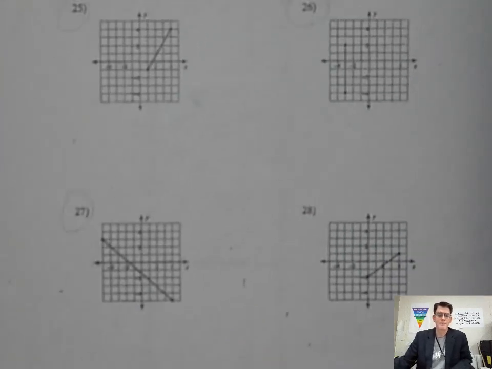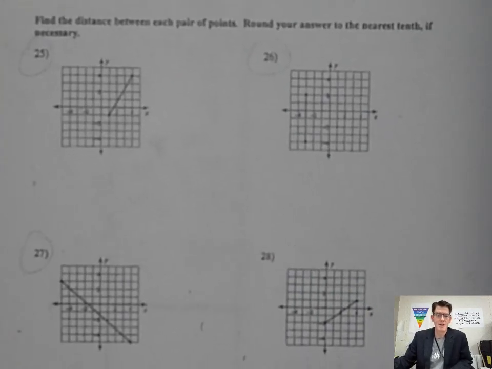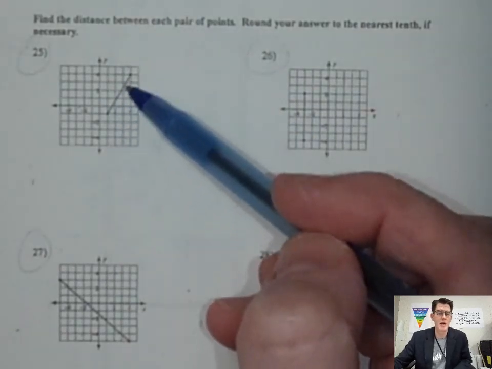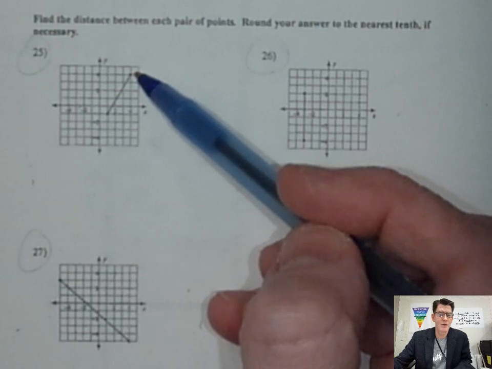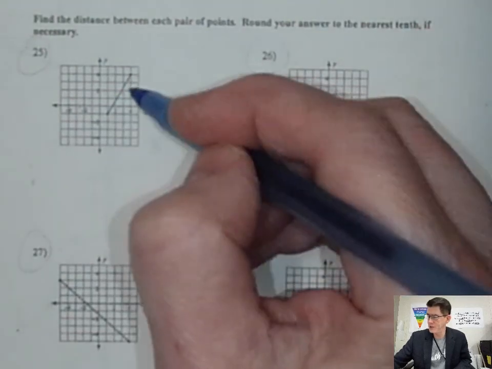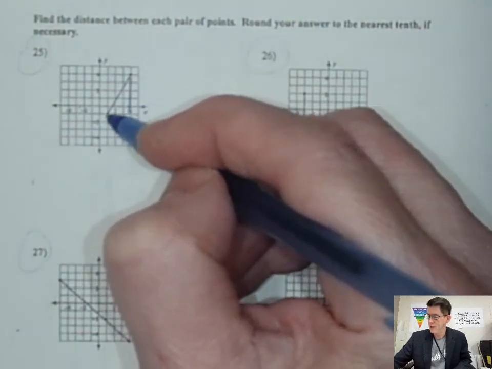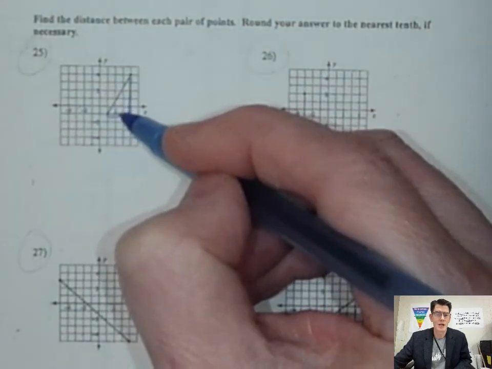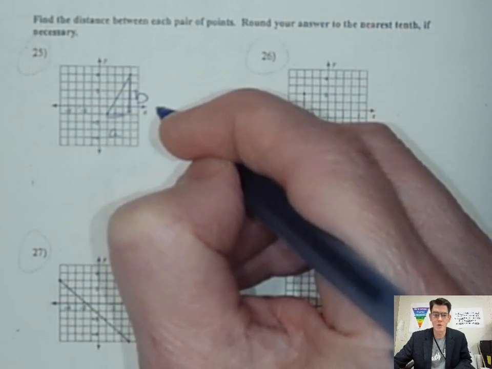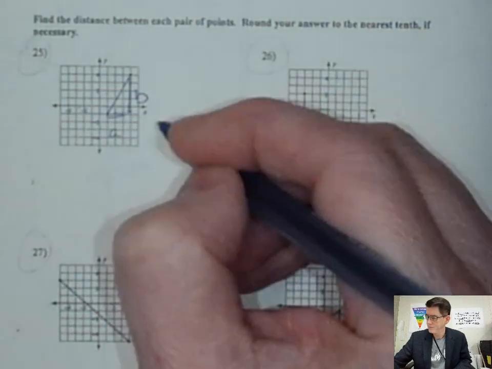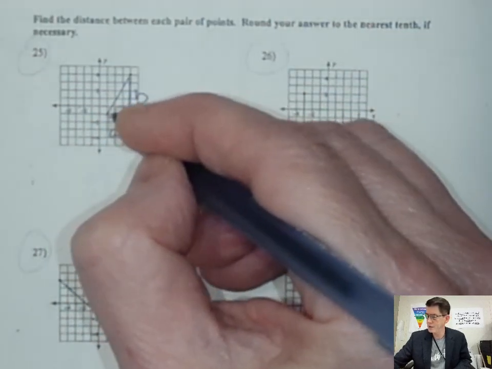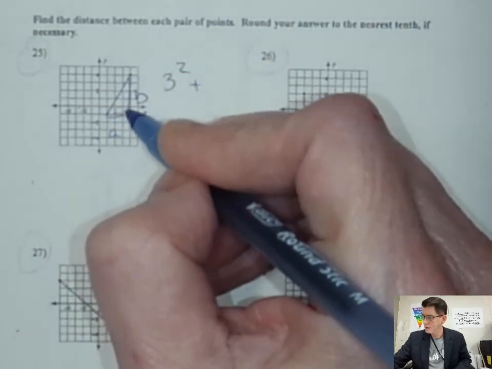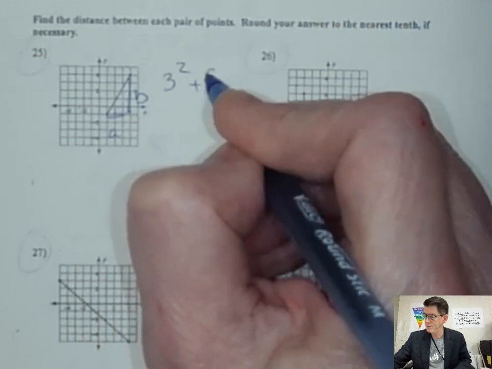All right. Find the distance between these two sets of points. Find the straight line, the shortest distance between 2 points. Find that distance. Round to the nearest tenth. Well, we can envision a right triangle here. I just call that the hypotenuse. You just take a squared plus b squared equaling c squared. So from here to here, this is a distance of 1, 2, 3. You can count it. 3 squared plus 1, 2, 3, 4, 5, 5 squared.